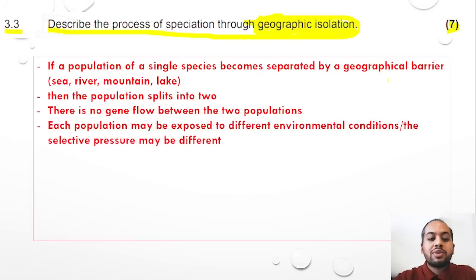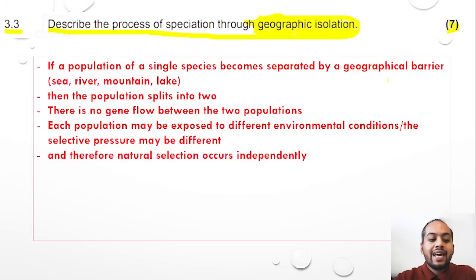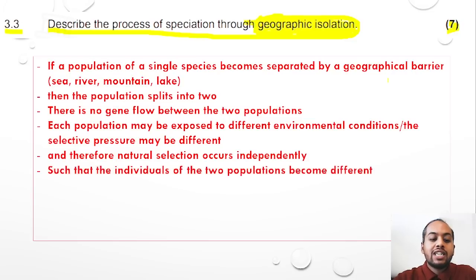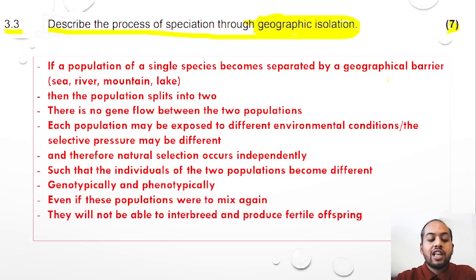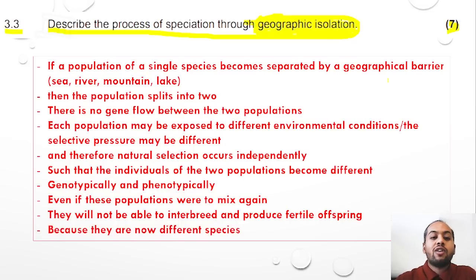Each population may be exposed to different environmental conditions, and therefore natural selection occurs independently, such that the individuals of the 2 populations become genotypically and phenotypically different. Even if these 2 populations were to mix again, they will not be able to interbreed and produce fertile offspring. Therefore, we say they have now caused the formation of different species.